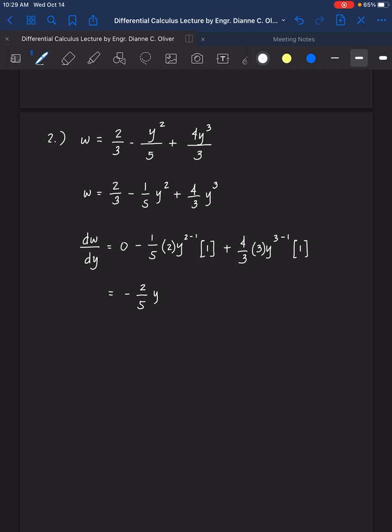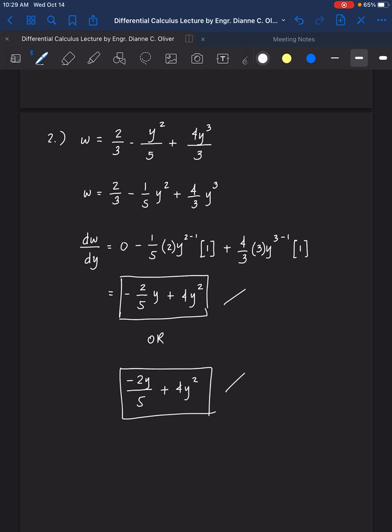Then we have plus, cancel 3, so we have therefore 4 y squared. Okay, so that is the final answer. Or if you're not satisfied with that, you can have the answer negative 2y over 5 plus 4y squared. So I could still accept that.